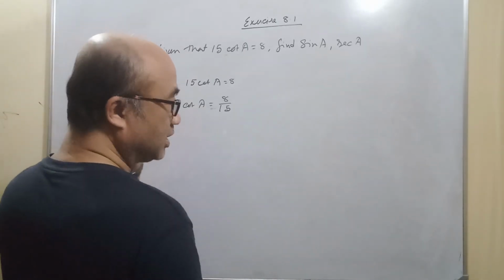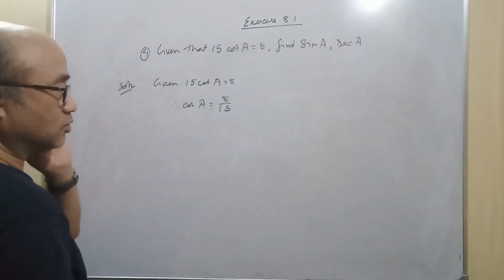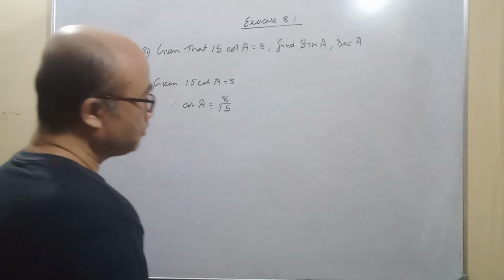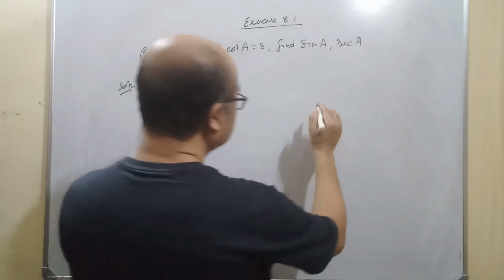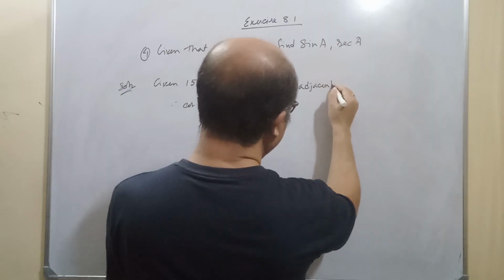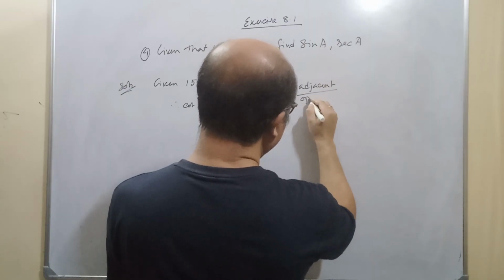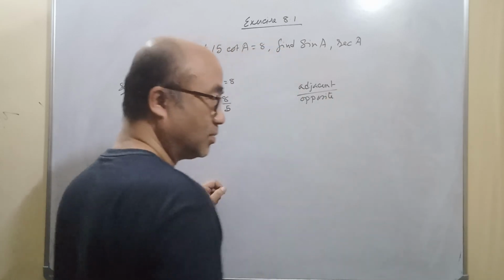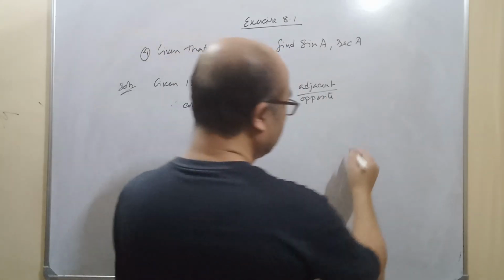So how is cot A defined? How is cotangent defined? Do you remember? It is adjacent side by opposite side of a right angle triangle.